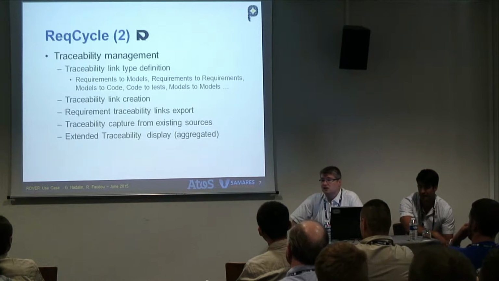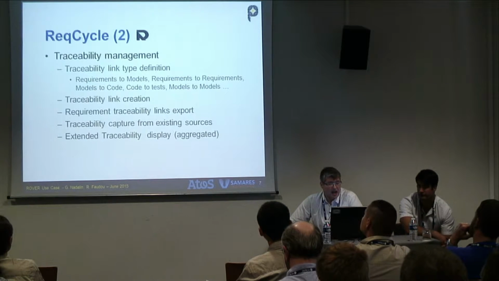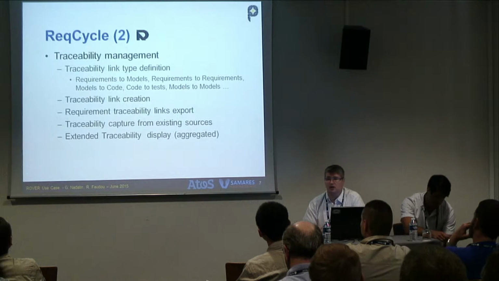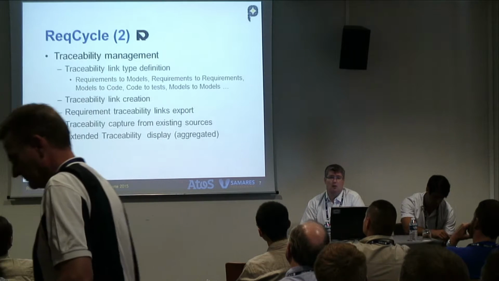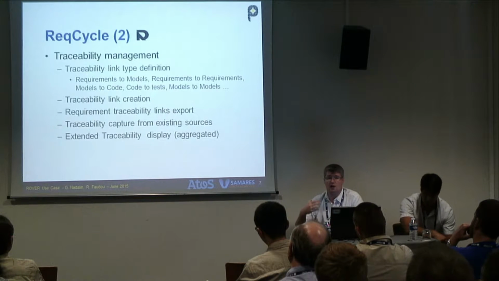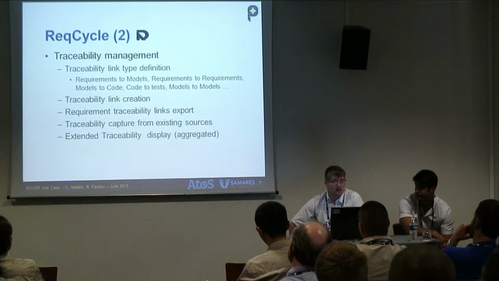The second facet of ReqCycle is about traceability. With traceability, we can define the link types we want. For instance, if I want different semantics for my traceability links, such as satisfy, refine, implement, verify, whatever, I can define those link types.